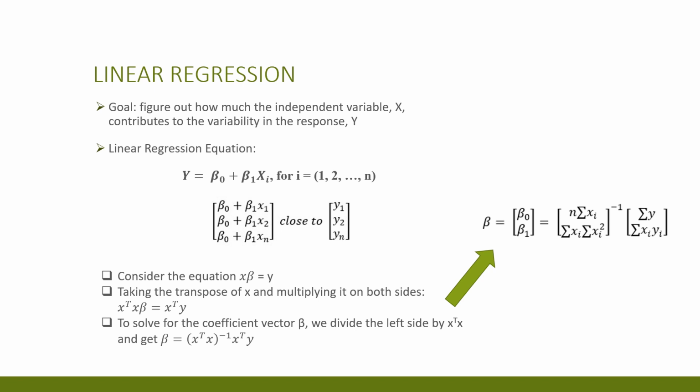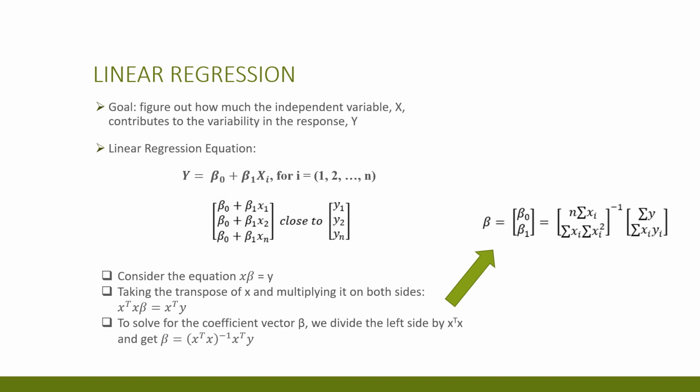And we're trying to find the most optimal beta sub 0 and beta sub 1 such that for every x, that same beta sub 1 and same beta sub 0 can be subbed into the linear regression equation, and the result will be as close as possible to the corresponding y value in each row. So to do that, we'll consider the equation x times beta equals y. Taking the transpose of x and multiplying it on both sides yields x transpose x beta equals x transpose y.